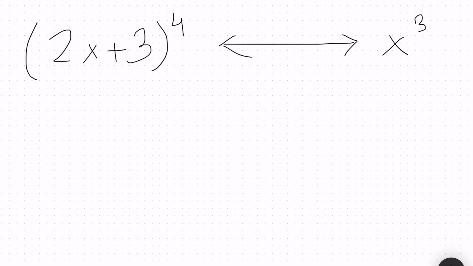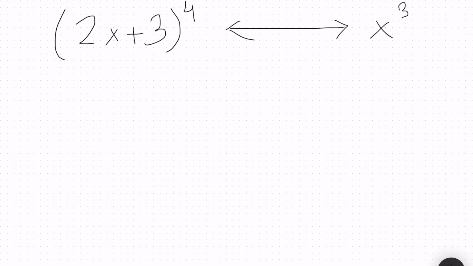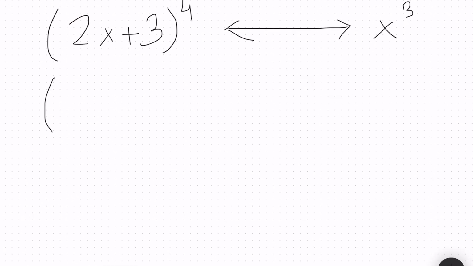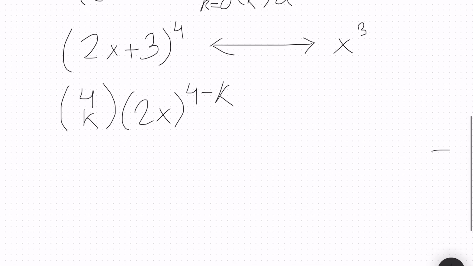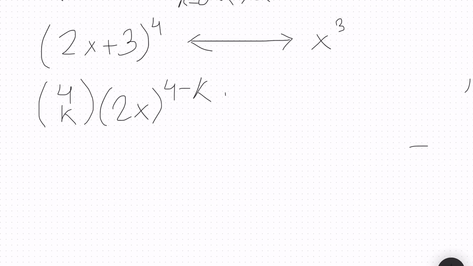So this example is pretty much like this. We use the formula first to obtain 4 choose k. Then our a is 2x, so 2x to the power of 4 minus k, and this is multiplied by 3 to the power of k.